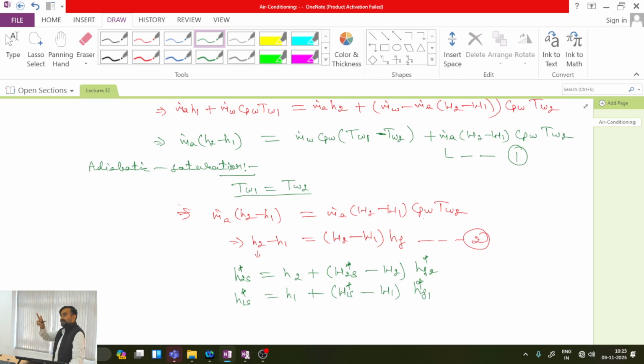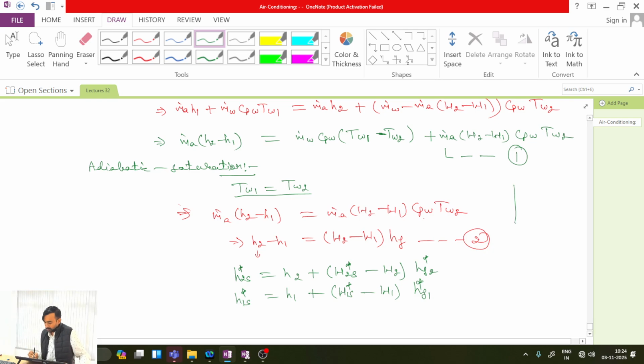And how have we achieved that saturated condition adiabatically? Because I can achieve the saturated condition in two ways. One is by cooling at constant pressure. If I achieve it by cooling at constant pressure, then the final temperature at the saturated state will be the dew point temperature. Second, I can achieve the saturated state from the unsaturated state by using adiabatic evaporation. If I do that, then whatever final temperature I get is called the wet bulb temperature.